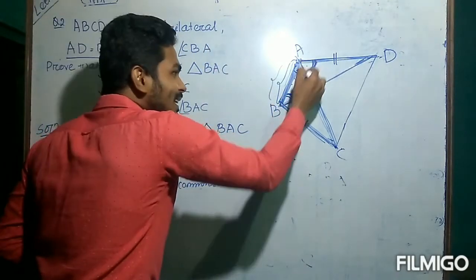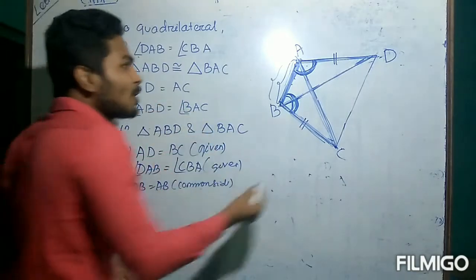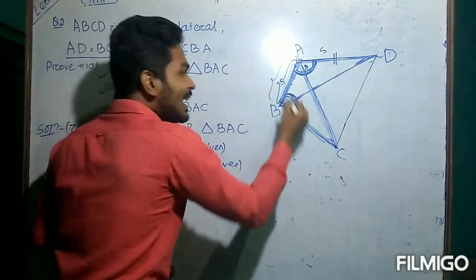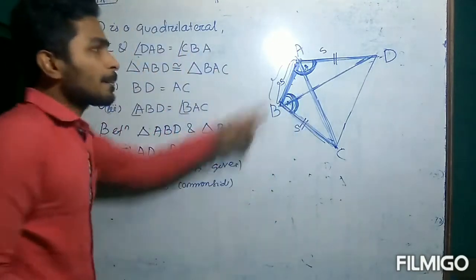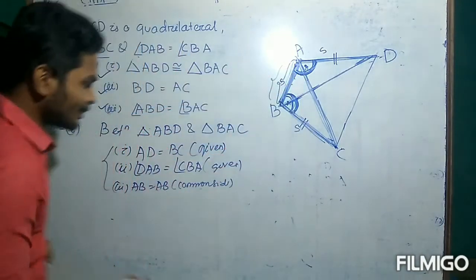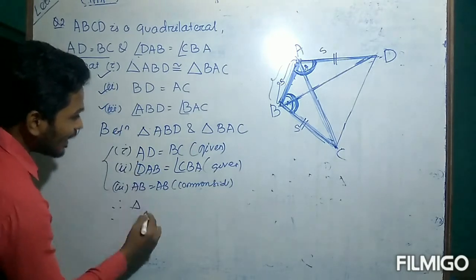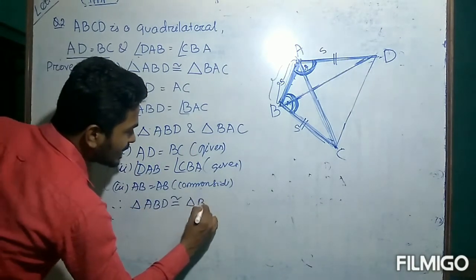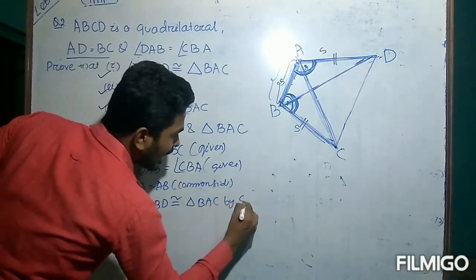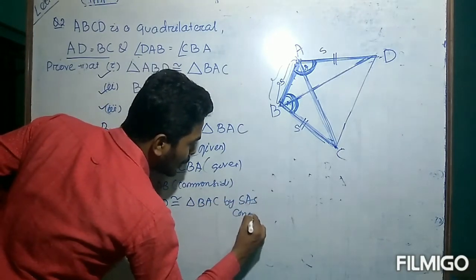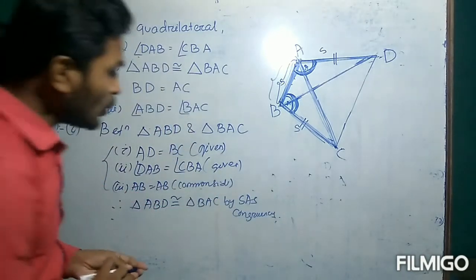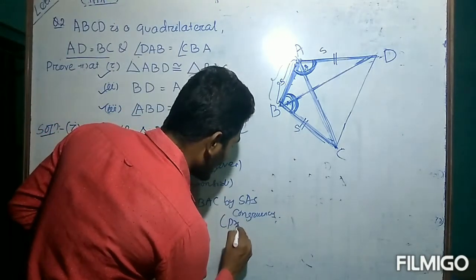So this included angle is equal to this included angle. So by side angle, these two triangles will be congruent. So you can write that the triangle ABD is congruent to the triangle BAC by SAS congruency. It is clear now? It has been proved for the first statement.